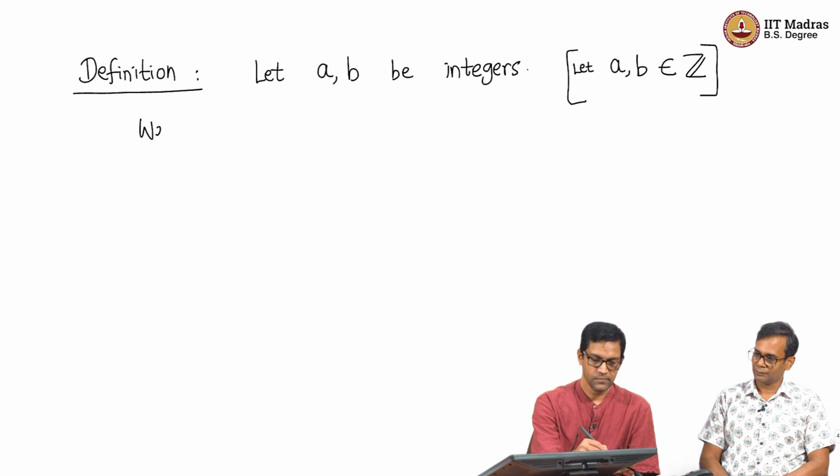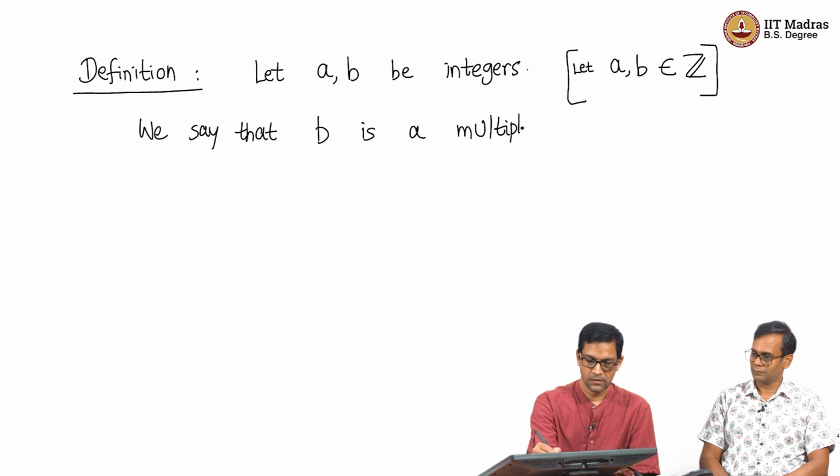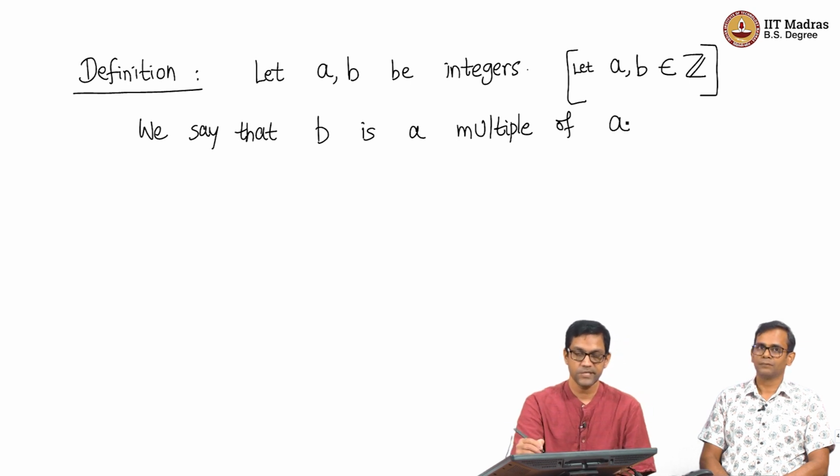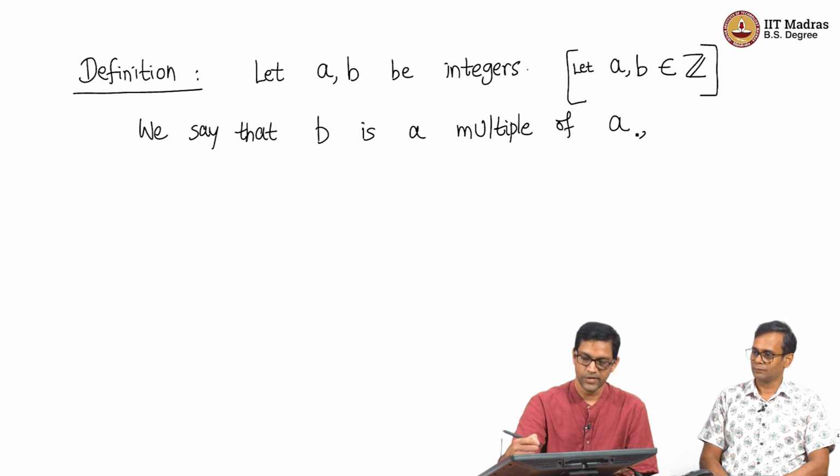We say, so here's the definition, we say that b is a multiple of a. So this is what happened when we were looking at currencies. Our coins were sometimes multiples of 2 or multiples of 4. So what does multiple formally mean?